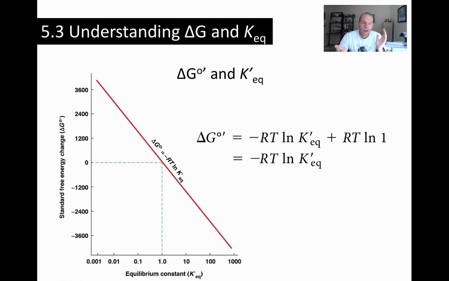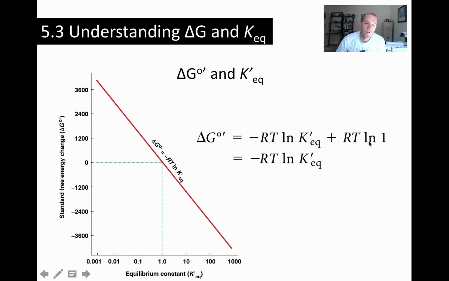Turns out there is a linear relationship between delta G 0 prime and K prime equilibrium, so the equilibrium constant at pH 7. And that equation is shown here, and it's not too dissimilar to what you've seen. Delta G 0 prime is negative universal gas constant times temperature multiplied by the natural log of K prime equilibrium constant.